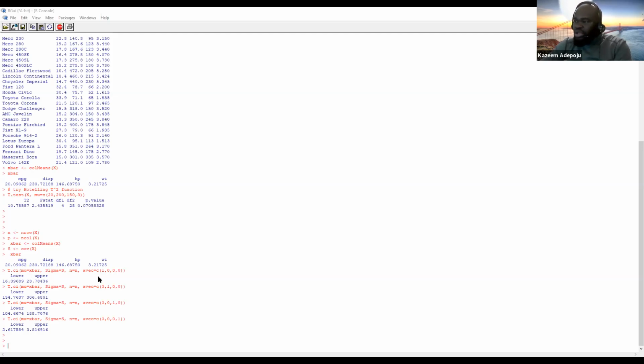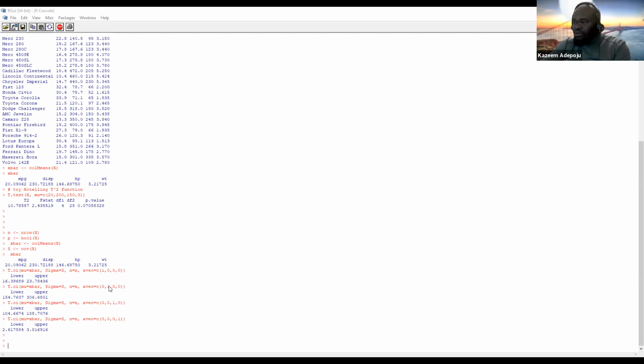So the mu, you specify your mu before. Your sigma has been specified, and of course the n. And the half vector, I'm only considering the first one in the mean vector here, the 20. That's why you say 1. The other ones are going to be 0, 0. If I want to get the interval for this 200, then what I'm going to have is 0, 1, 0, 0.